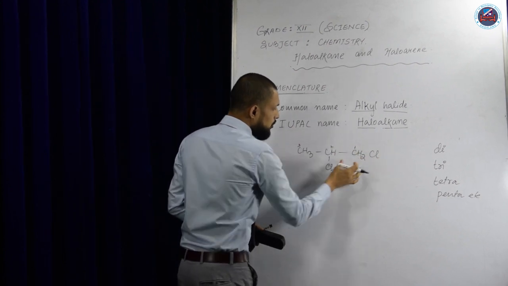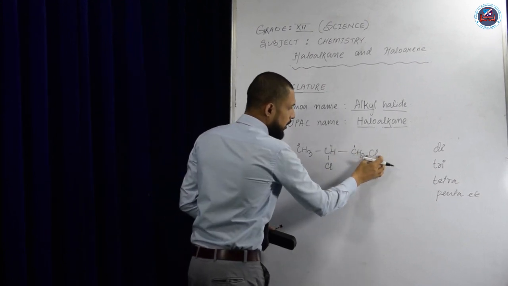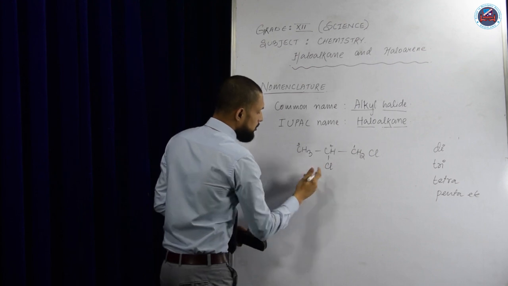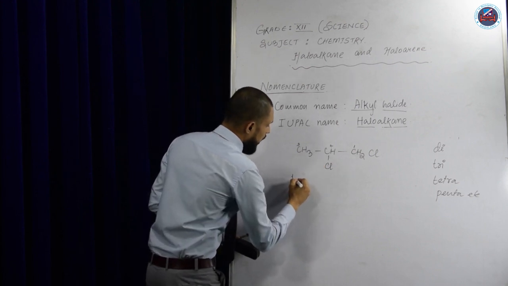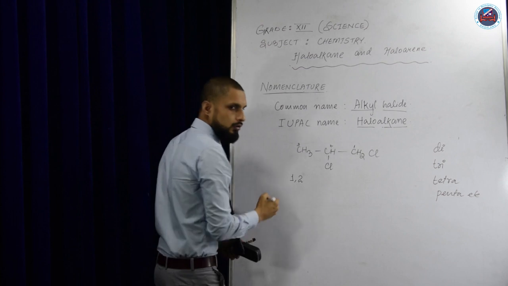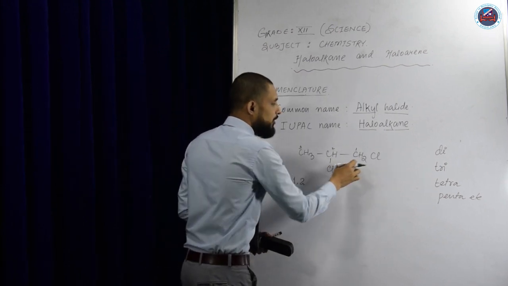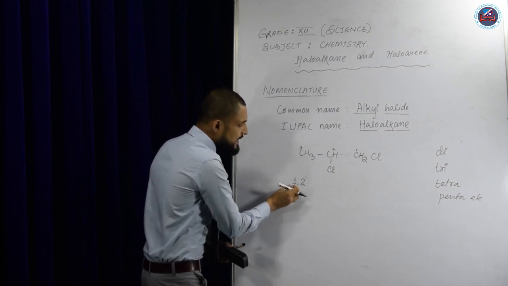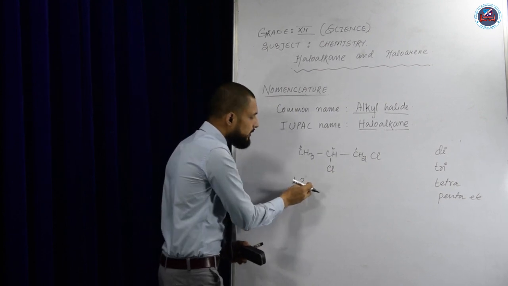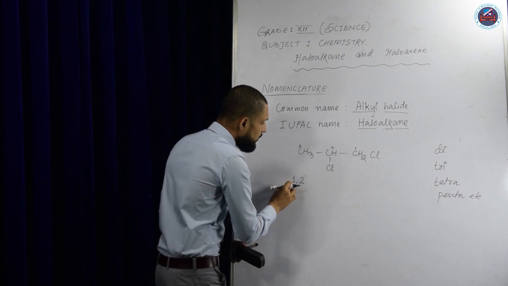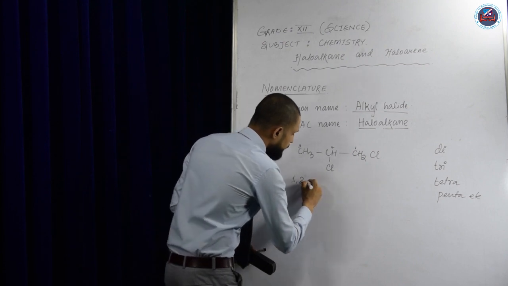So you have 2 chlorines, one at carbon 1, the other at carbon 2. So this is written as 1, 2. This 1, 2 represents the position of Cl. That means one Cl is at carbon 1 and the other one is at carbon 2. So 1, comma 2.